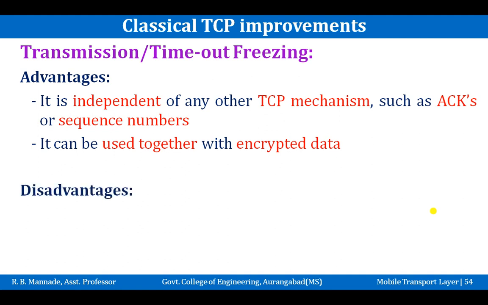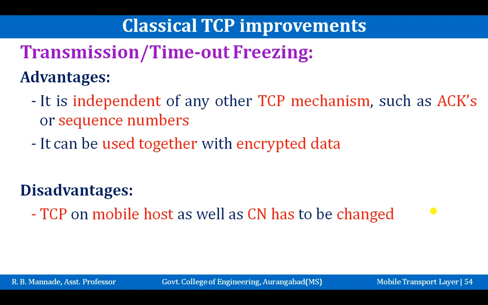Then it has some disadvantages as well. The first disadvantage is that TCP on the mobile host as well as the correspondent host has to be changed. Until we make some changes in TCP on both sides, the correspondent node as well as the mobile node, this technique cannot function.